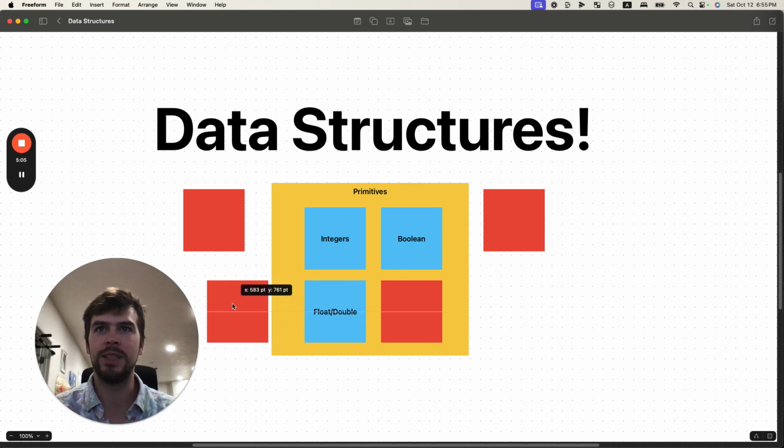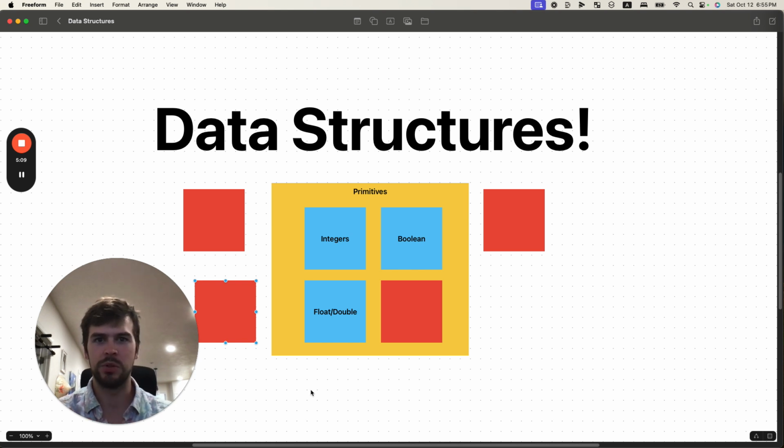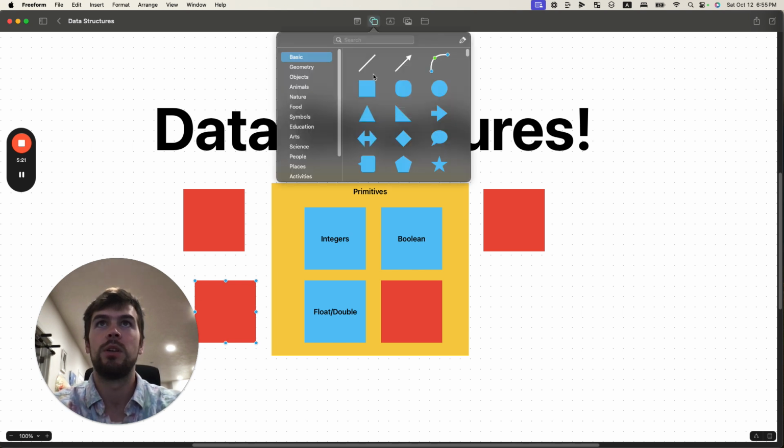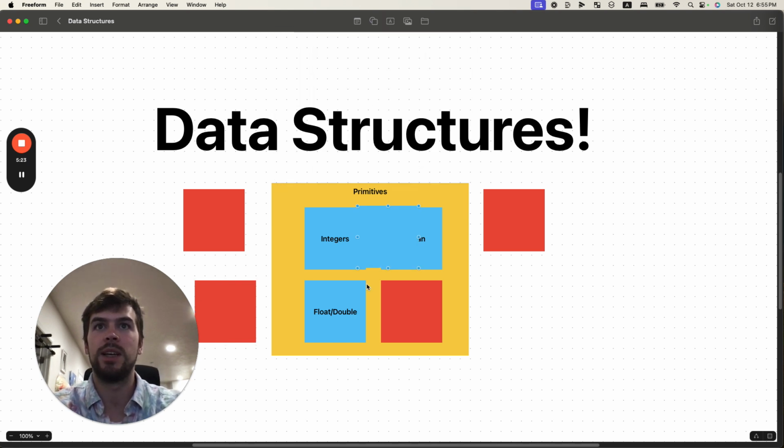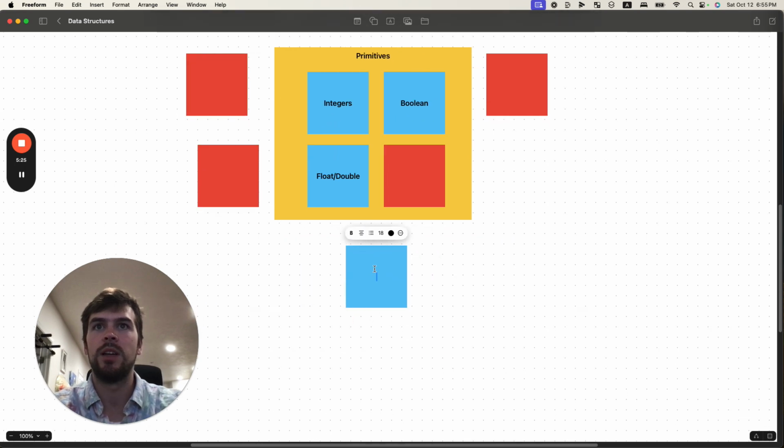The third one is a float or a double. Now these two words are kind of used interchangeably at this point, but all you need to know about this data type is that it's a decimal. So to give you an example of a difference between an integer and a float, let's say that an integer is 1, -17, 54.